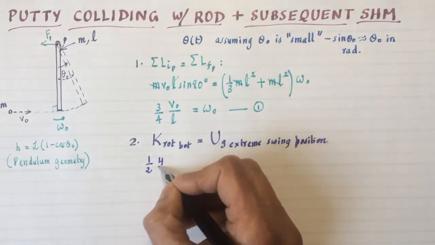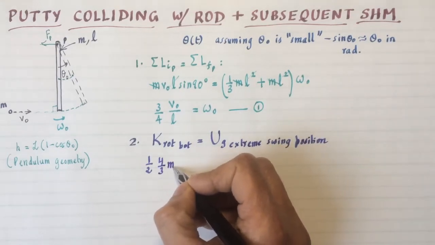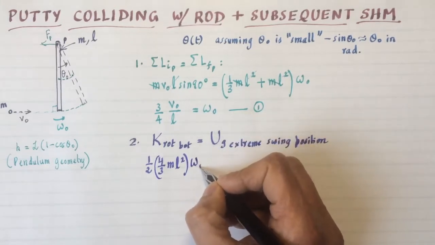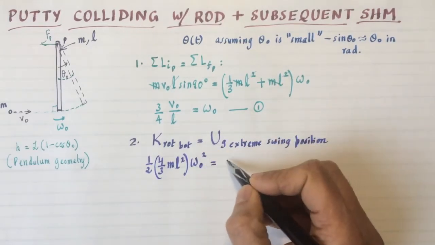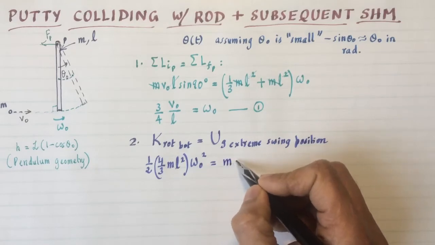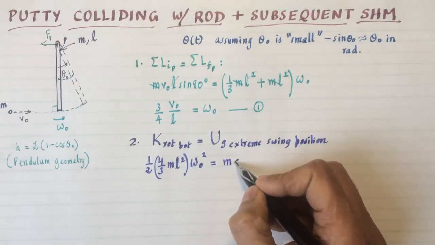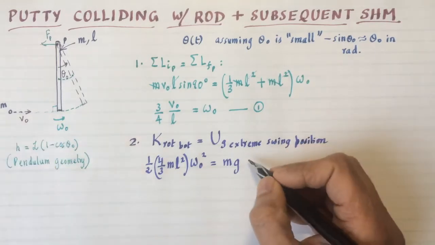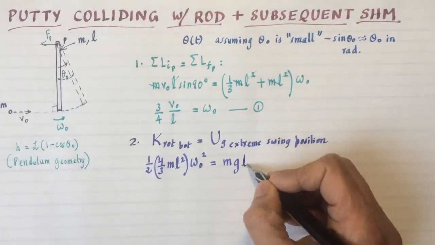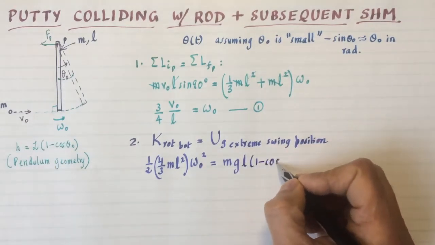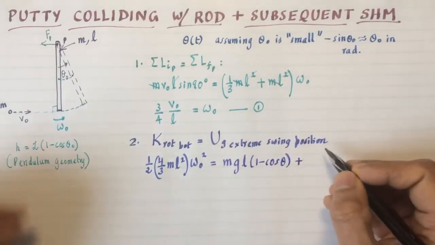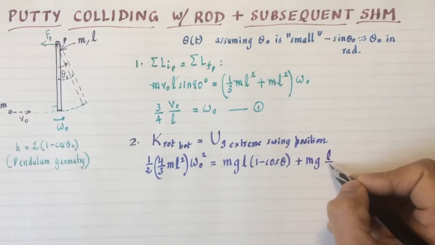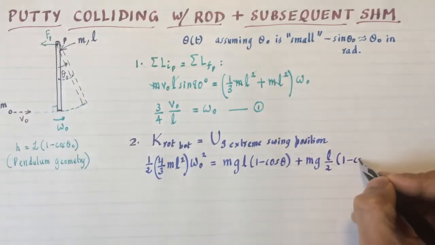So it's 4/3 m l squared times omega naught squared equals, this one is m g times the pendulum geometry height. For the putty, I'll write first: m g l times 1 minus cosine theta. And then for the rod, it's m g l over 2 times 1 minus cosine theta.